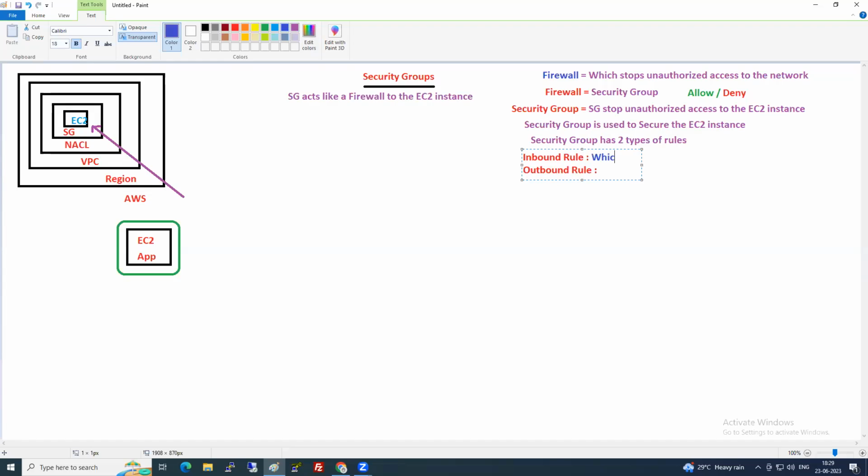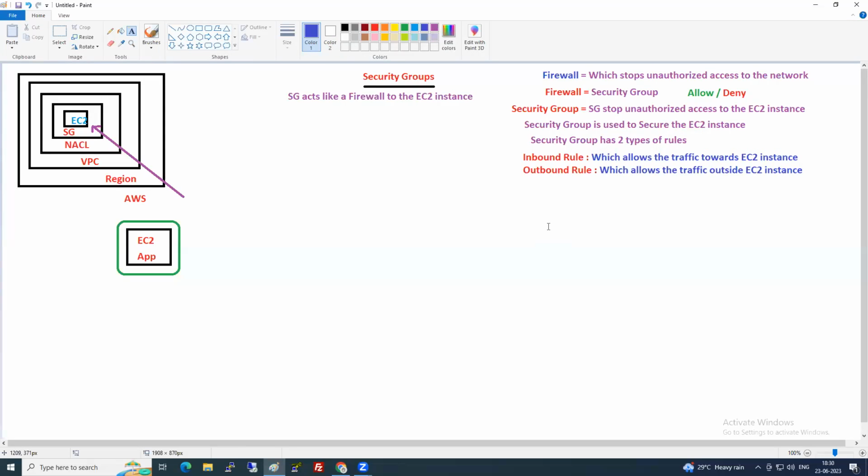Inbound rule, which allows the traffic towards EC2 instance, and outbound rules, which allows the traffic outside EC2 instance. Did you all understand what is inbound rule and outbound rule?